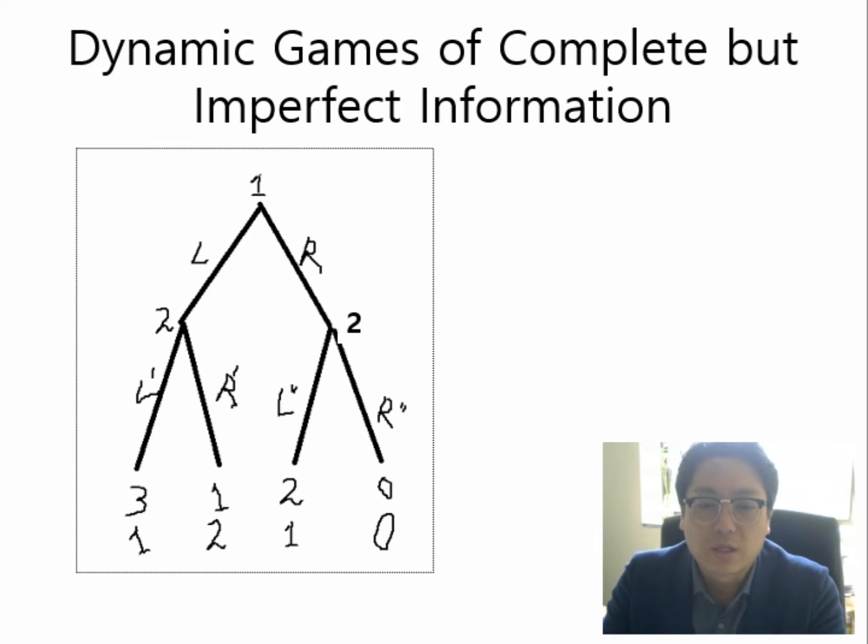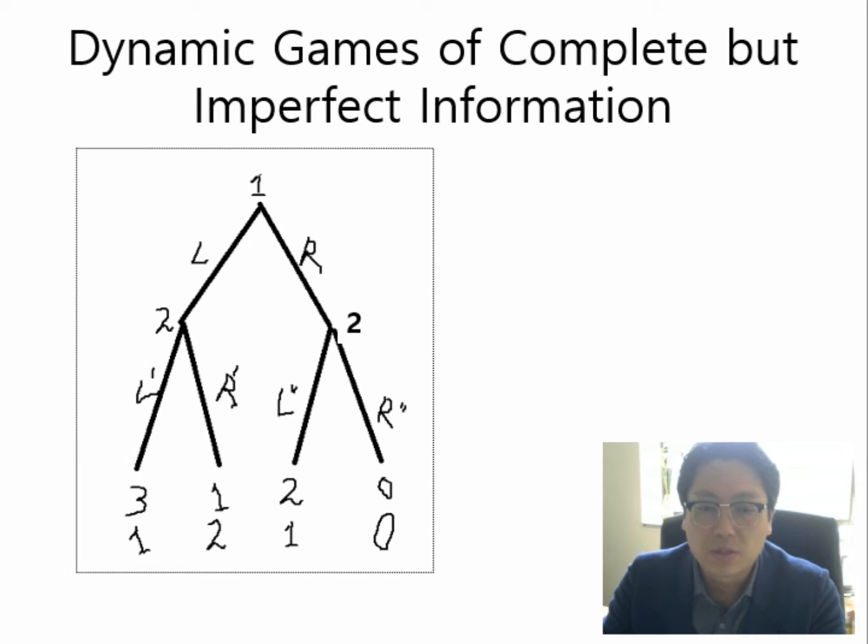First, let's look at this game. Here are two players, first player and second player. Once the game is started, the first player will choose between L or R. If the first player chooses left, then the second player will choose between L prime or R prime. Depending on the second player's action, they will receive their payout.